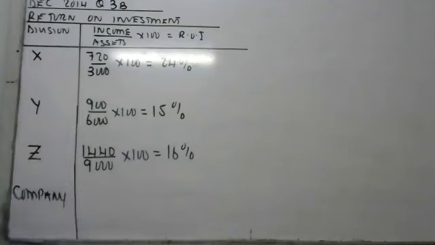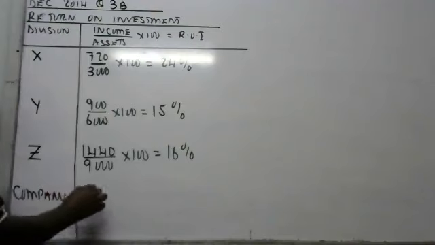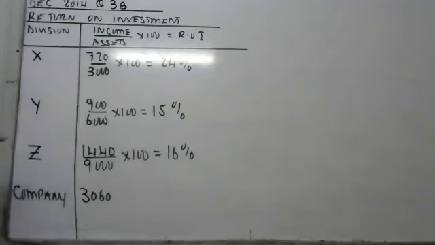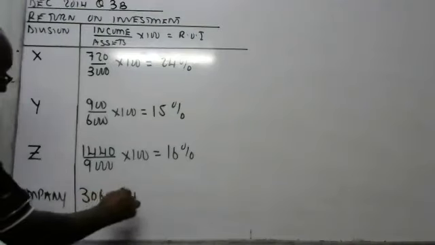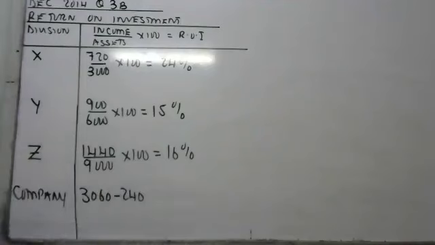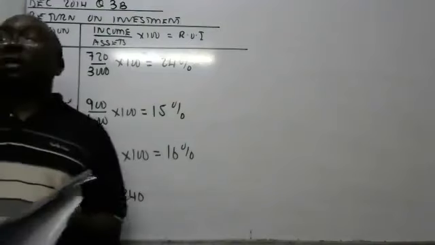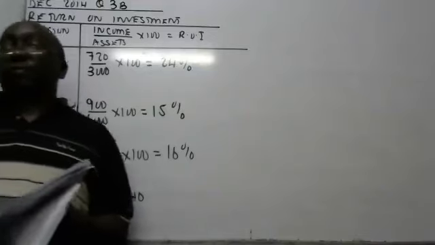Now, company, you can see there is the operating profit of 3,060. But now you can see in the head office, there are some costs. Here 240 is supposed to be subtracted. But interest on long-term debt, that one will not be subtracted.